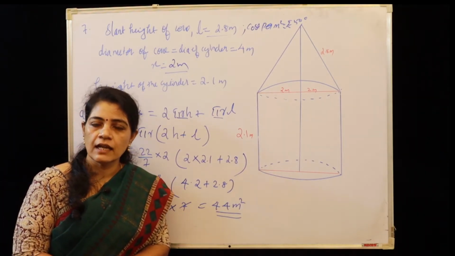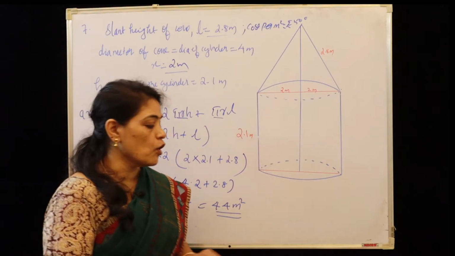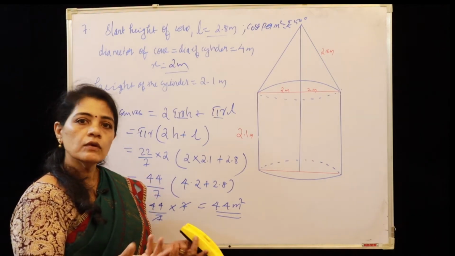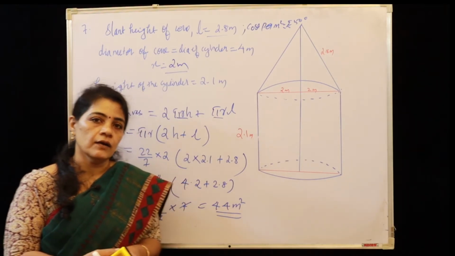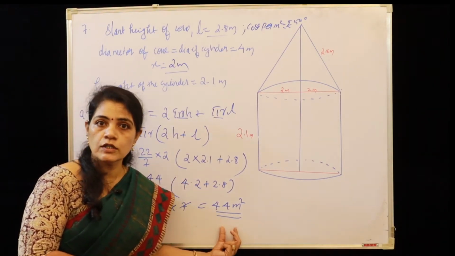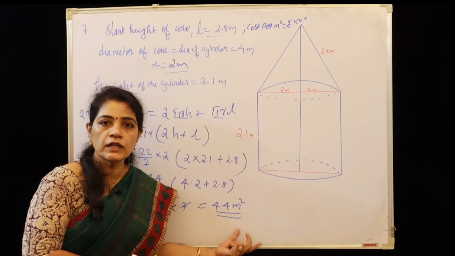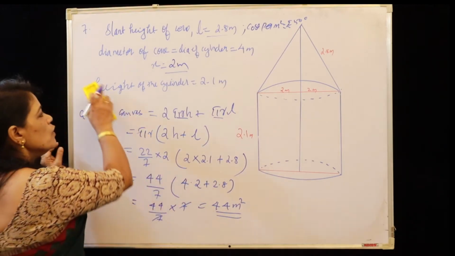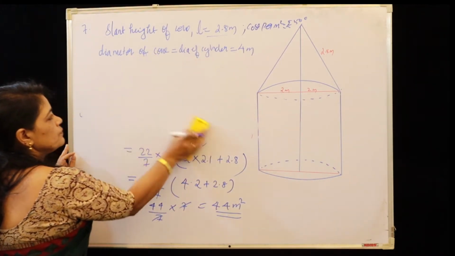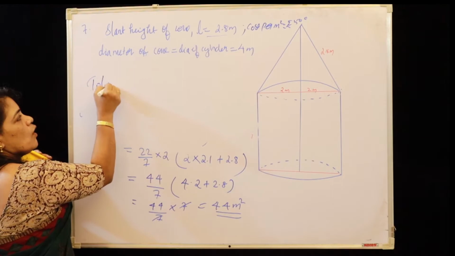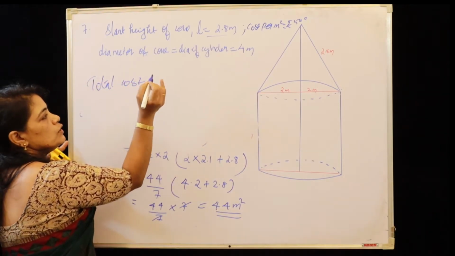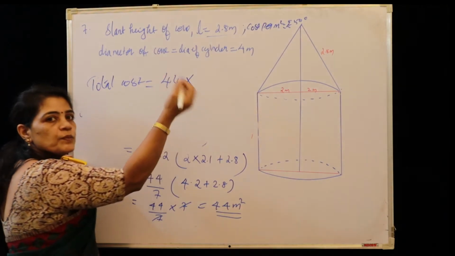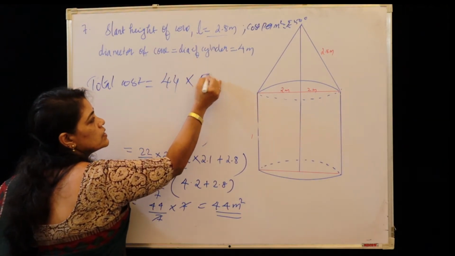Okay, and what is the second part? What is the cost, if the cost is 500 per meter square? The cost for 44 meter square, unitary method, 44 into 500. So total cost is equal to total area 44 into cost per meter square, that is 500.